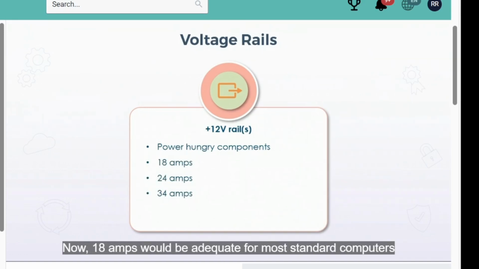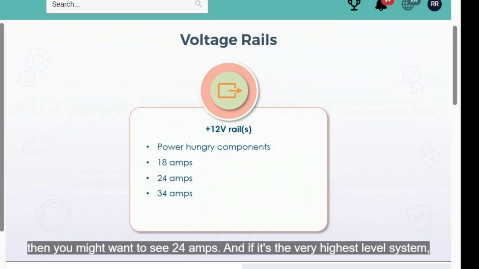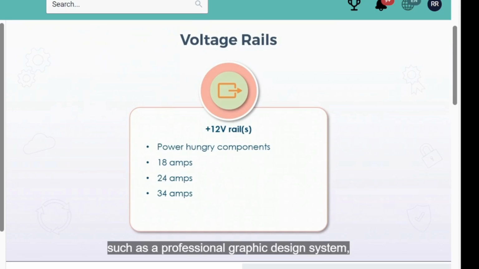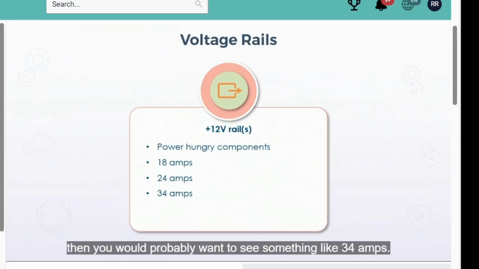Now, 18 amps would be adequate for most standard computers in an office environment, for example. But if you have even one enthusiast-level device, such as a high-end graphics card, then you might want to see 24 amps. And if it's the very highest level system, such as a professional graphic design system, or perhaps an audio recording system, then you would probably want to see something like 34 amps.